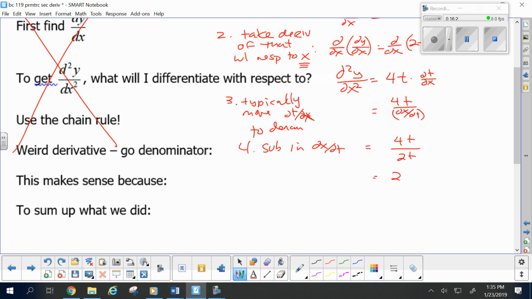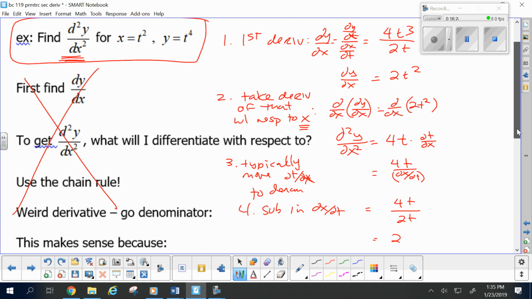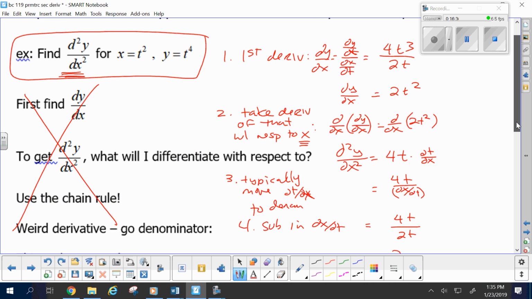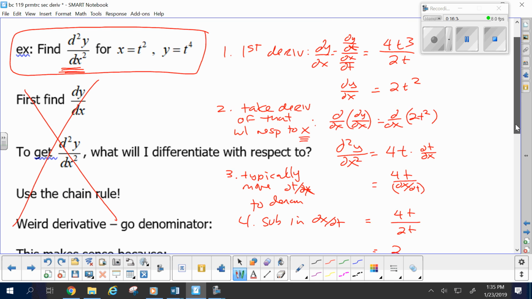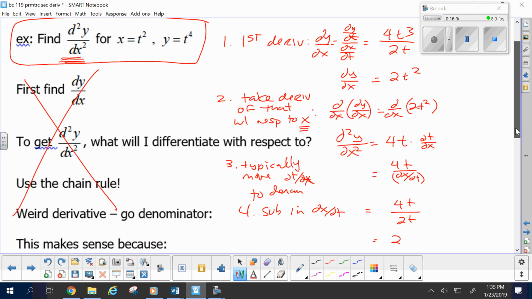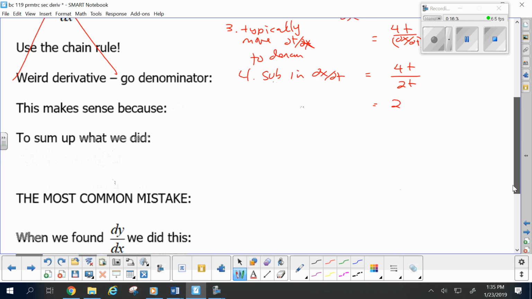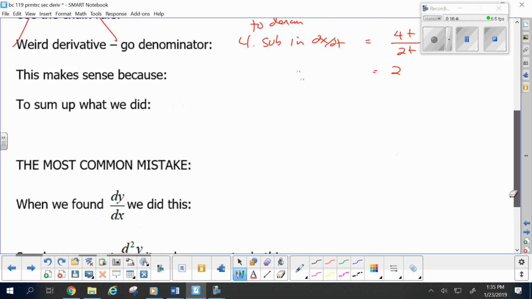Okay. Now if we were to go back and check that by eliminating the parameter, we could get a y-x equation, take the second derivative and see that, but that's what you would see. You follow? All right.